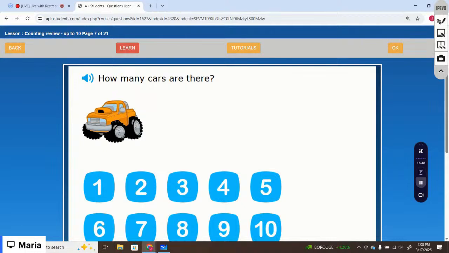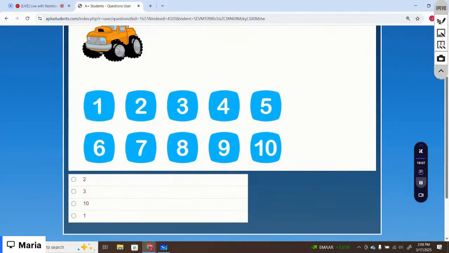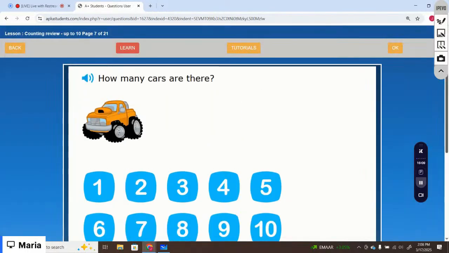How many cars are there? There is only one car. The correct option is 1.